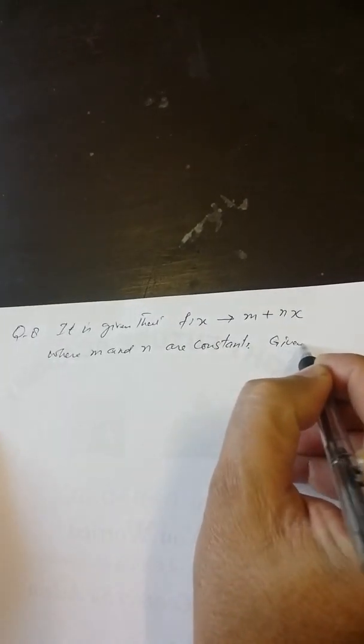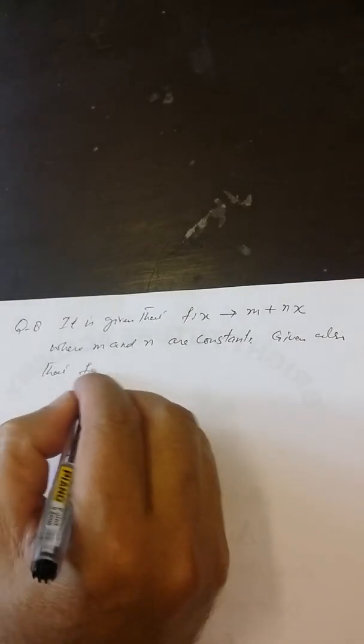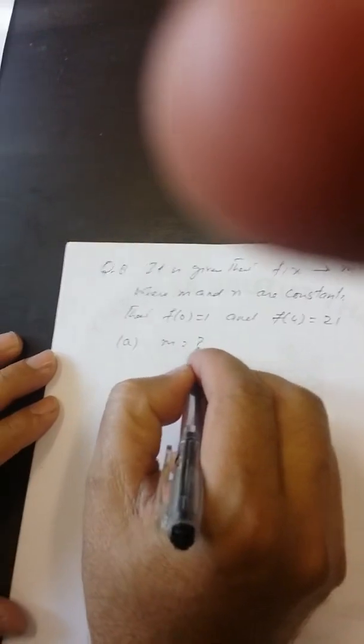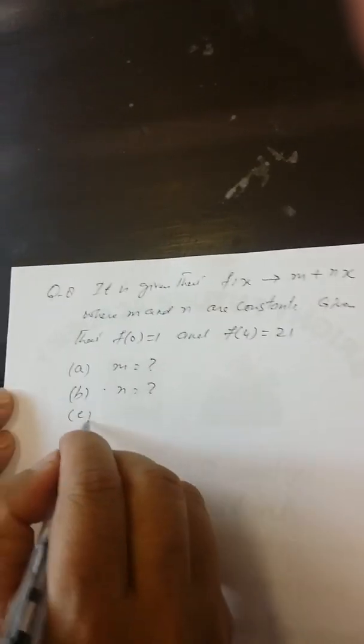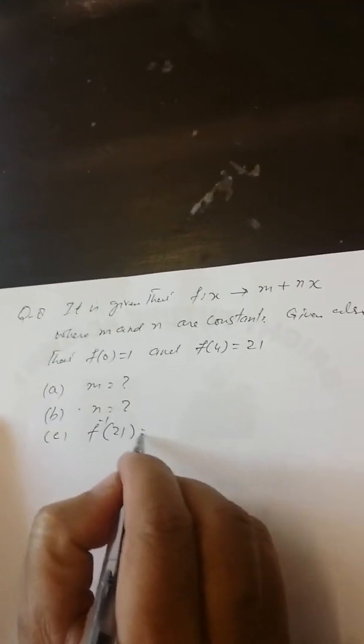Given also that f of 0 is equal to 1 and f of 4 is equal to 21. Part A, find the value of m. Part B, find the value of n. Part C, f inverse of 21.